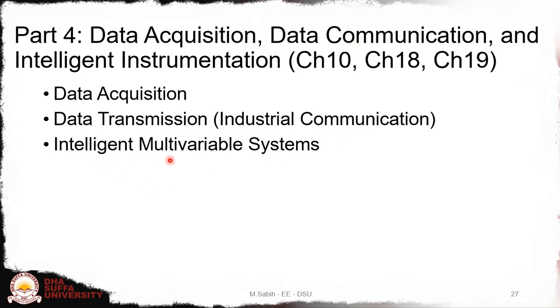And then the intelligent multivariable system. This is currently a very fascinating field about how to design a soft sensor and improve it using AI and neural networks to fuse the data, sensor fusion or soft sensing, and how we can achieve a good measurement system. This is the intelligent multivariable system, chapter number 19.